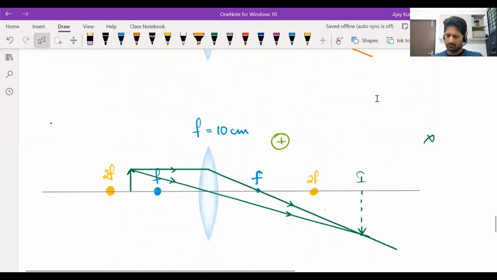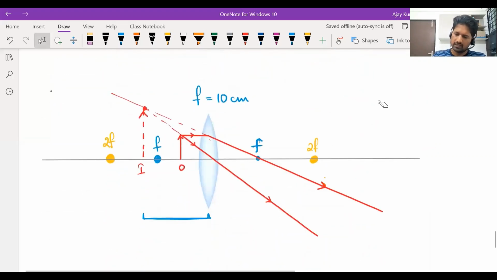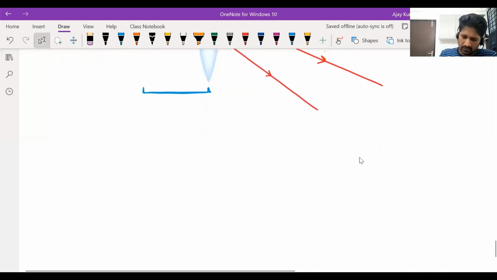Now, when it comes to a microscope, what we are interested in is magnification. This is where you all need to be careful. Let's discuss magnification of a microscope.